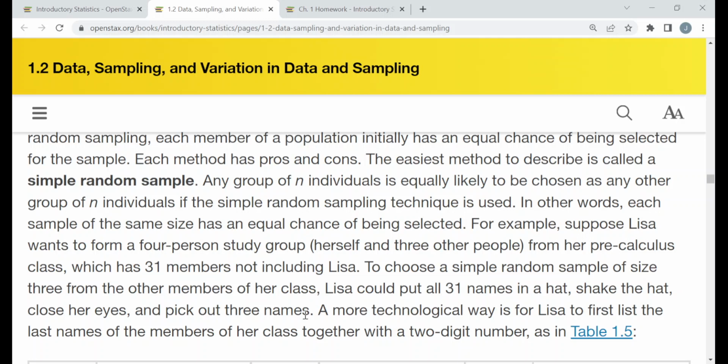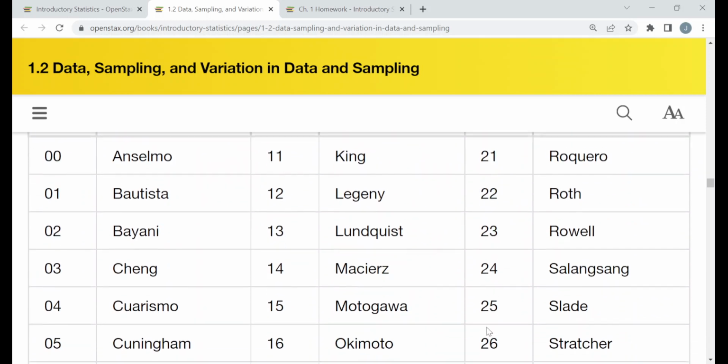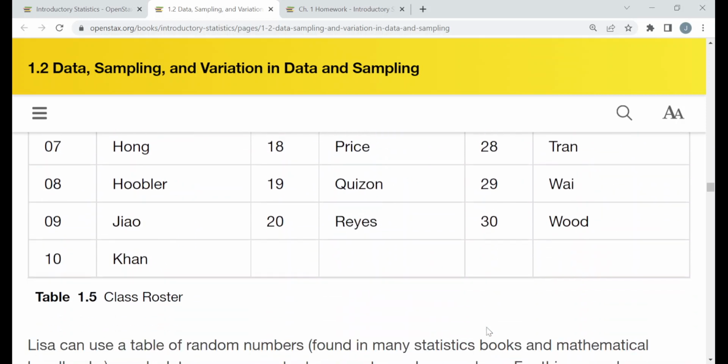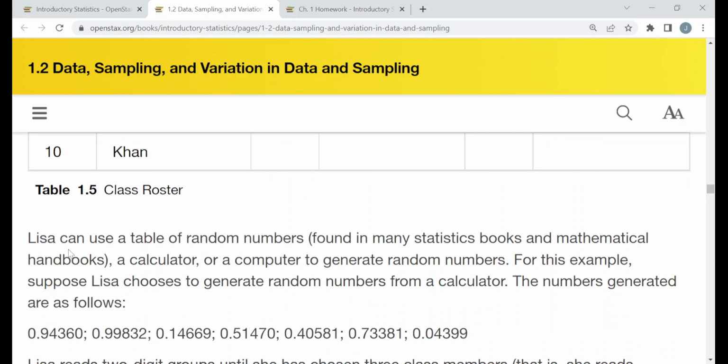That is probably the easiest way to get a simple random sample, just a random draw. And they talk about a more technological way, which is for Lisa to first list the last names of the members of her class together with a 2-digit number, as shown here, and then use a table of random numbers found in many stats books and mathematical handbooks, or a calculator or a computer to generate random numbers.